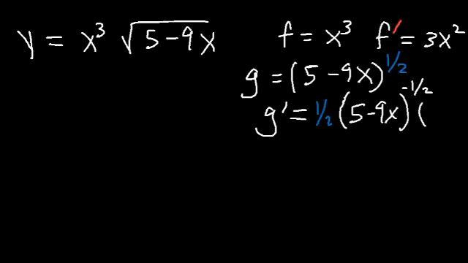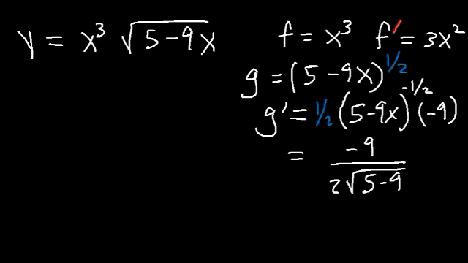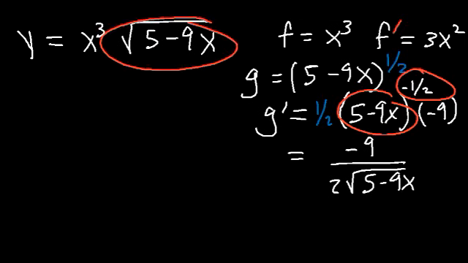And don't forget to differentiate the inside, or the nested function, because this is basically a chain rule problem, so to speak. The derivative of 5 minus 9x is simply negative 9. So g prime, if you rewrite it, is negative 9 divided by 2 times the square root of 5 minus 9x. Because we have a negative exponent, we need to move this term to the bottom. And when you move it to the bottom, it's going to be 5 minus 9x raised to the 1/2, which is basically the square root of 5 minus 9x on the bottom.